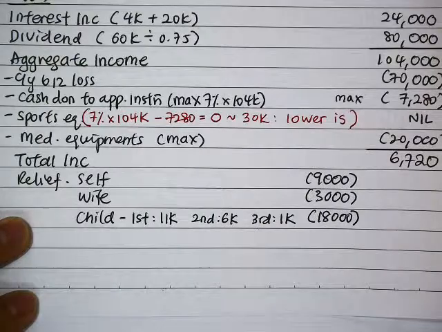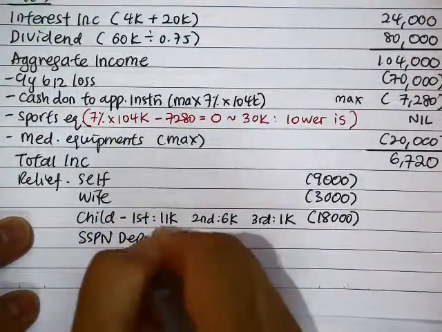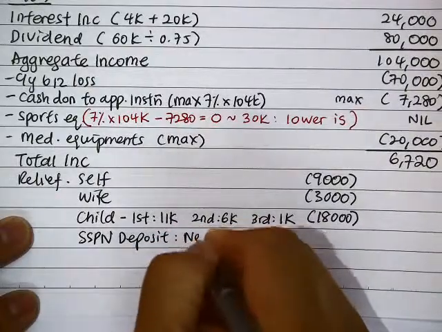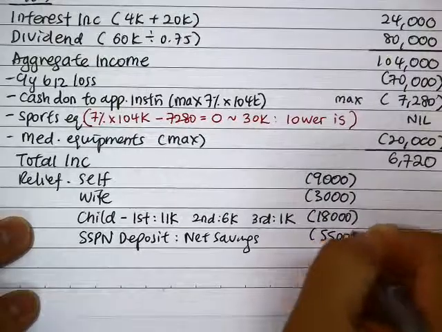So 18. Then the SSPN deposit, the net saving 5,005.